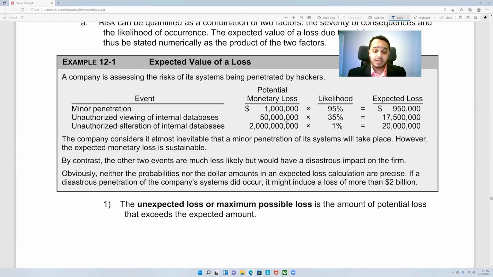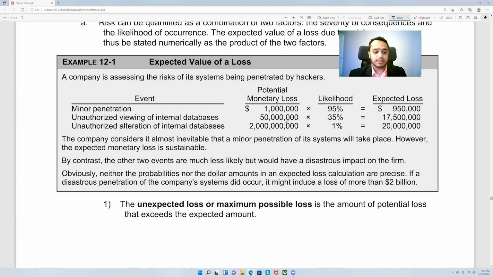Unauthorized viewing of internal databases: the likelihood of happening is 35%. What can be the potential monetary loss? 50 million. Then unauthorized alteration of internal database: the possibility of happening is 1%. But what would be the possible impact of it? 2 billion. 2 billion at 1%, you see 20 million can be the loss in here.